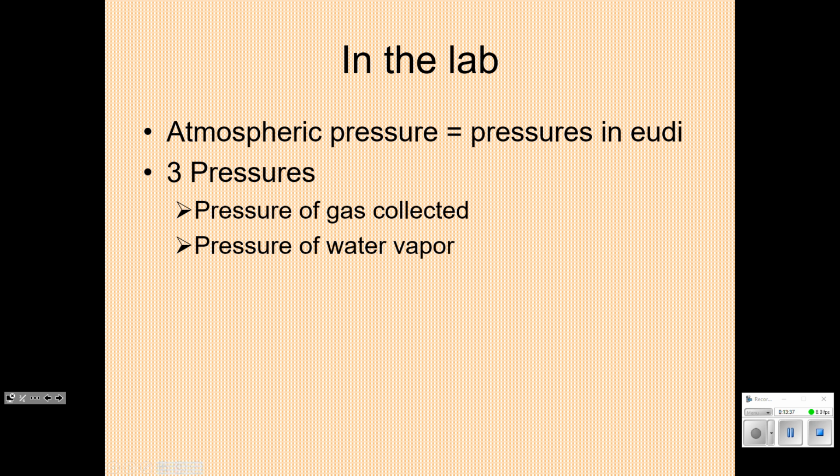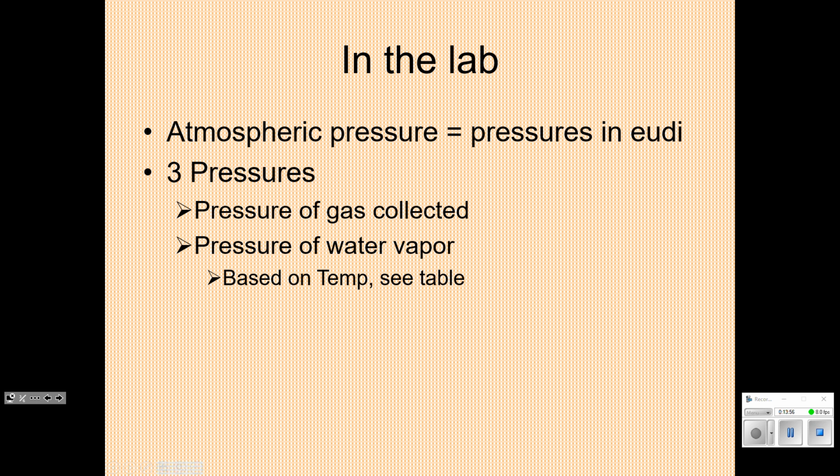So instead we use water. But here's the problem with water. Water itself can give off water vapor. Remember vapor pressure? At any given temperature you can have some pressure of a gas. Water's vapor pressure is based upon temperature.